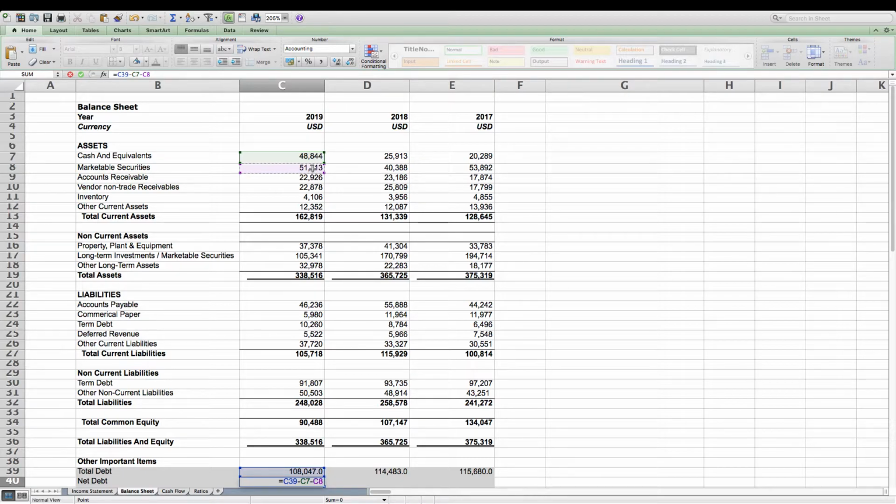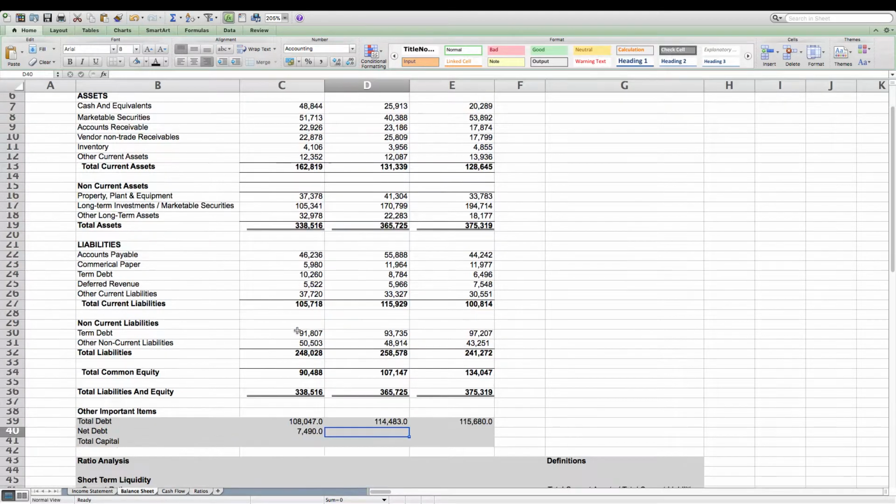Because marketable securities are cash-like in characteristic. If you recall, marketable securities can be very quickly liquidated and turned into cash. And so for our purposes, when we calculate the net debt, we take out both cash and also marketable securities. Here, we've got the total amount of net debt, and similarly, we're just going to transfer this formula over. And there we go.